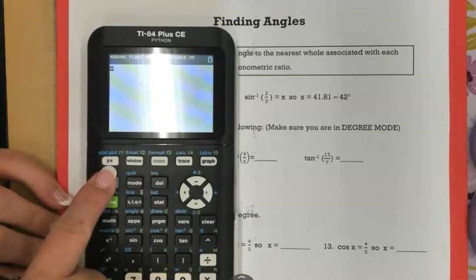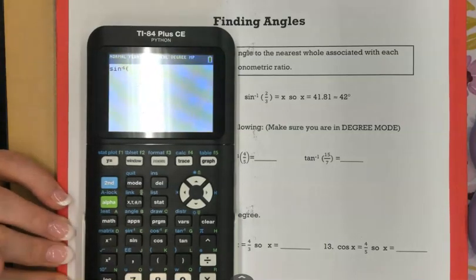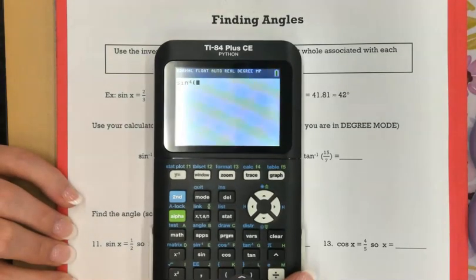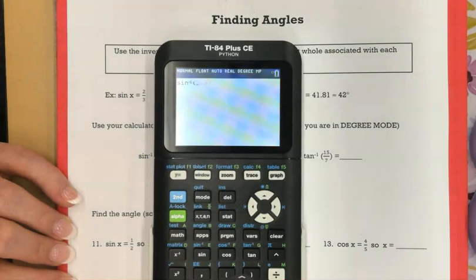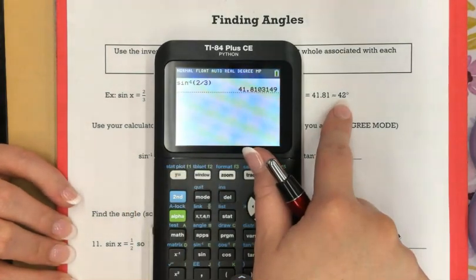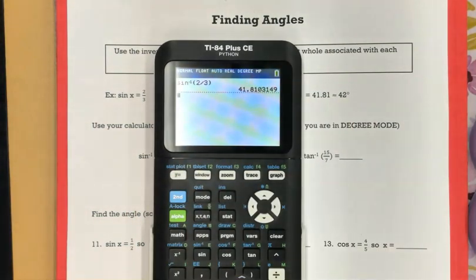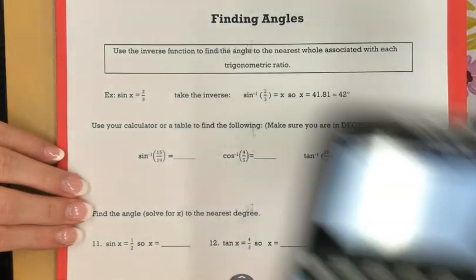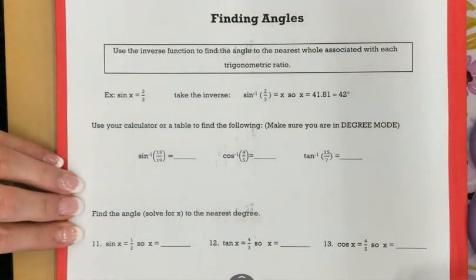But if you hit second and then that trig function, you can get the inverse. So if I do inverse sine of 2 divided by 3, look, I get that 41.81, which will round to 42 degrees.